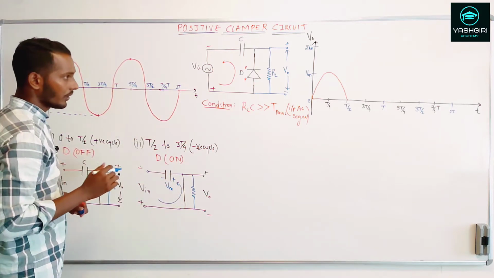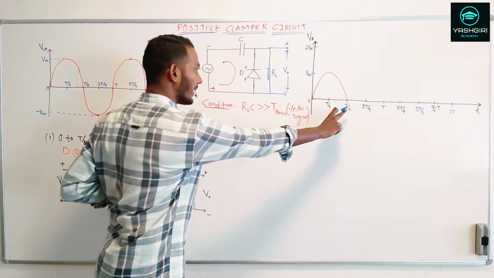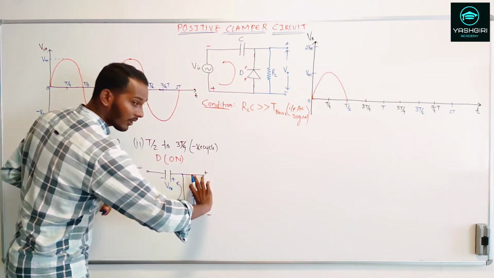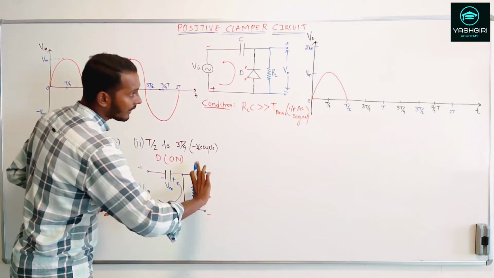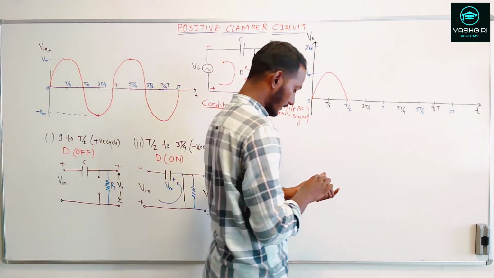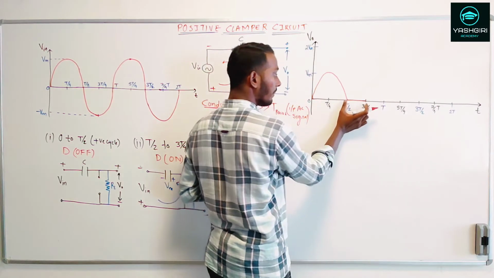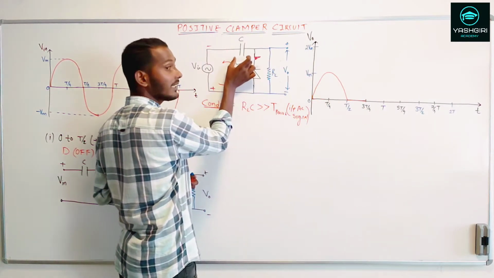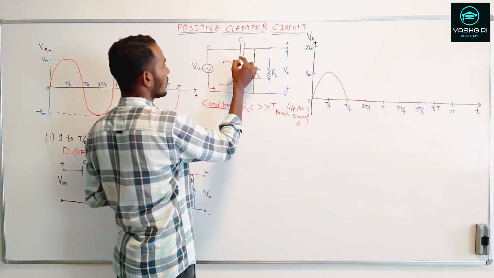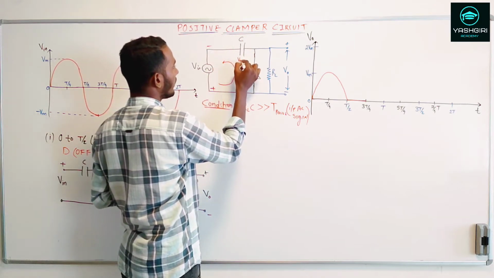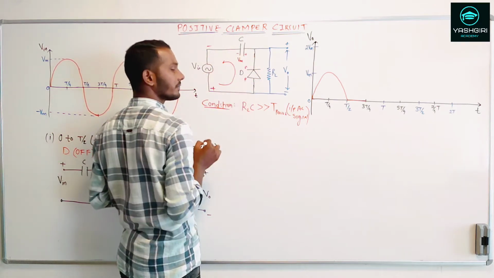All right. So here what I can show is that when you measure the V out, you are measuring the V out across the load RL. So the V out will be almost a flat line. And during this time period, what we know is that the capacitor is getting charged, right? So the capacitor is available with Vm, plus and minus.